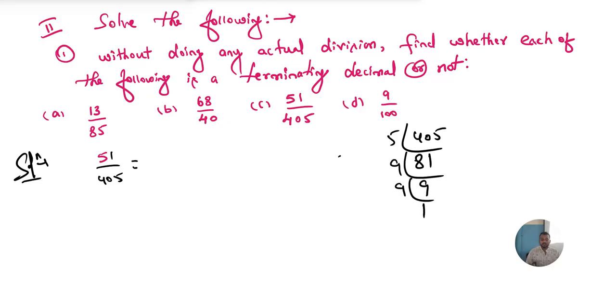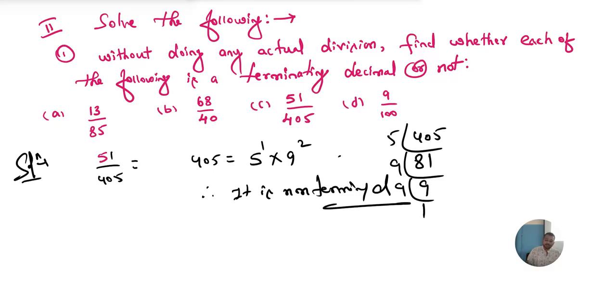Now the denominator is in the form of 5 power 1 into 9 power 2. What should come? Only 2 power and 5 power, but here 9 has come. We don't have 2. So it is non-terminating decimal. Any doubts, children?